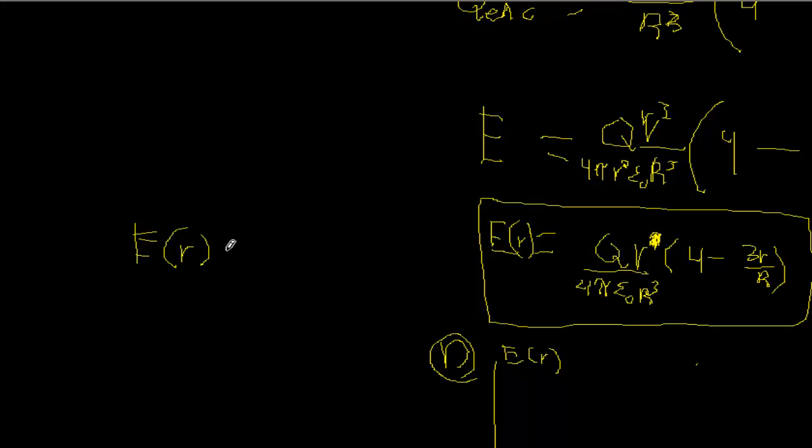E of r equal to Q divided by 4 pi r squared times epsilon naught.